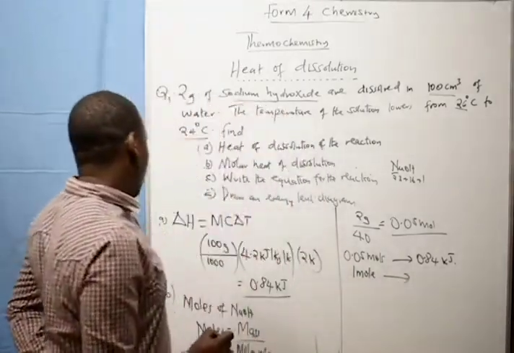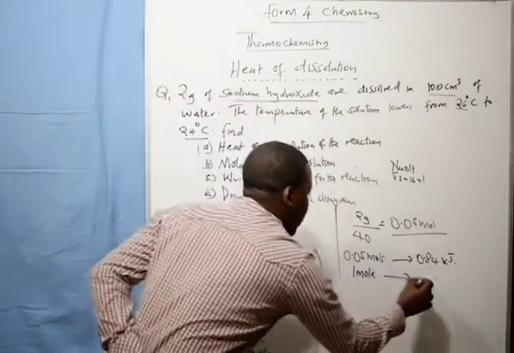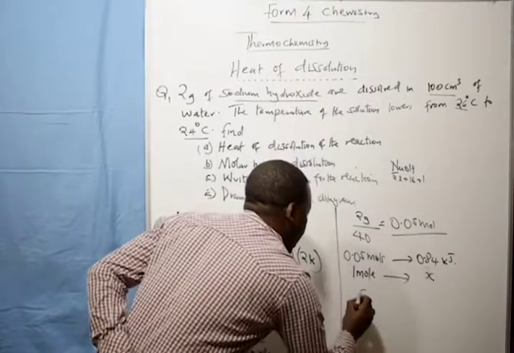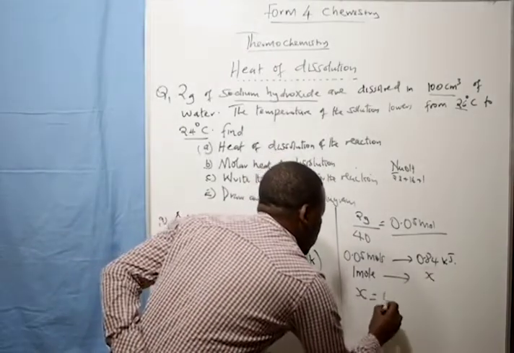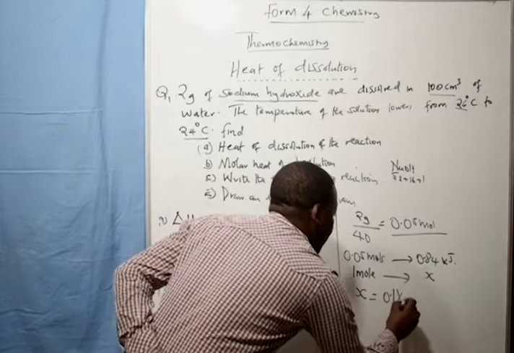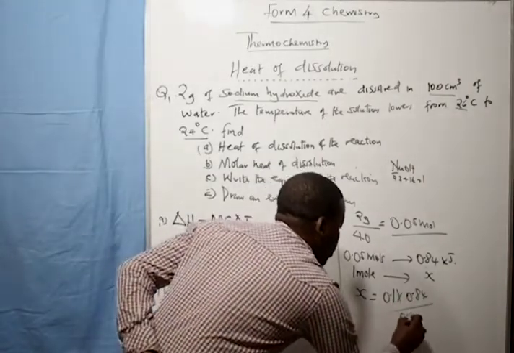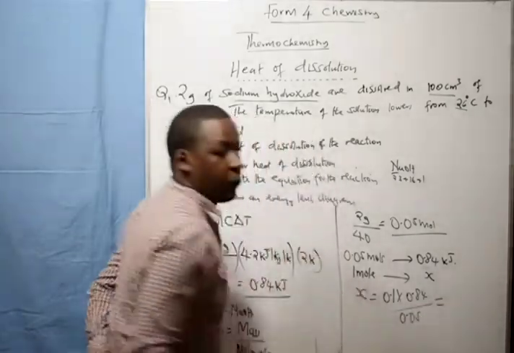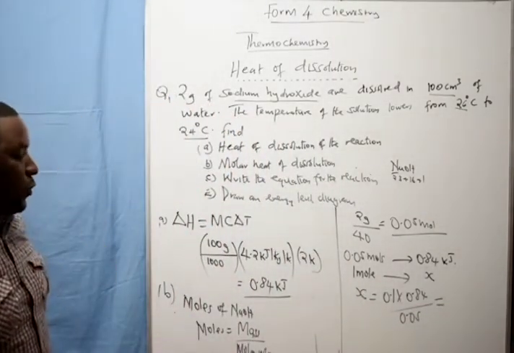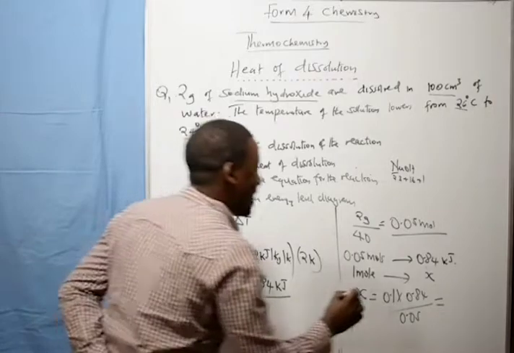If you dissolve 1 mole, it will be called X. So X is equal to 1 times 0.84 divided by 0.05. And your figure will get to be 16.80 kilojoules.